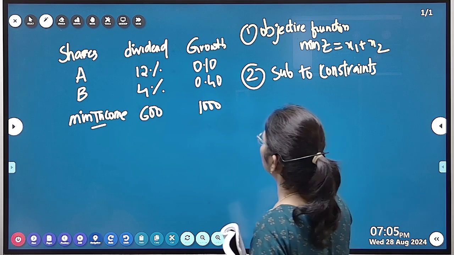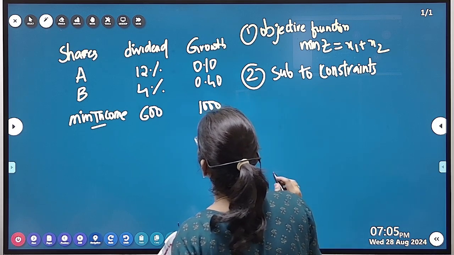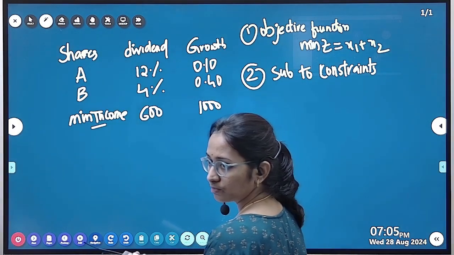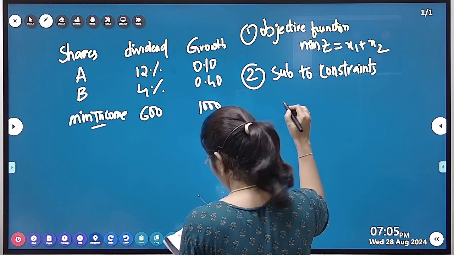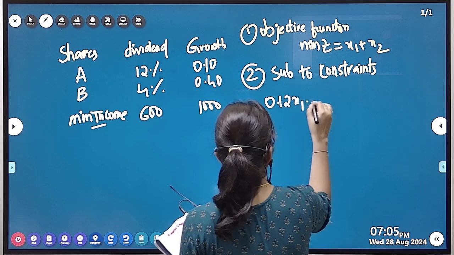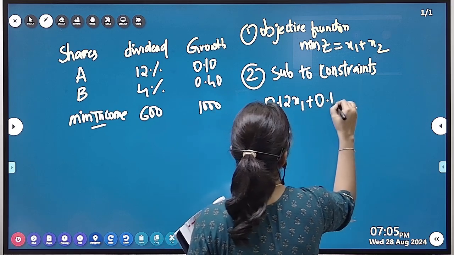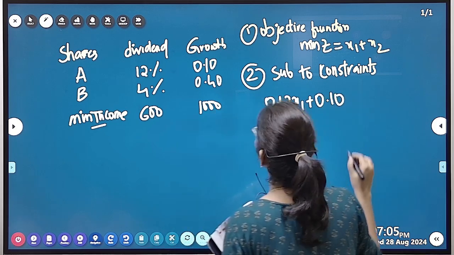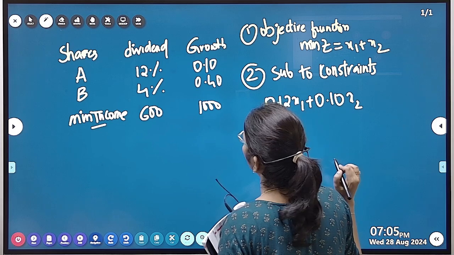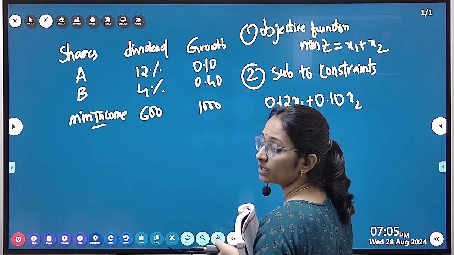Tell me the first one, how much? 12% means how much? 12 divided by 100? 0.12. Okay. Yes, 0.12 x1 plus 0.10 x2. Tell me, what do we need to take now?